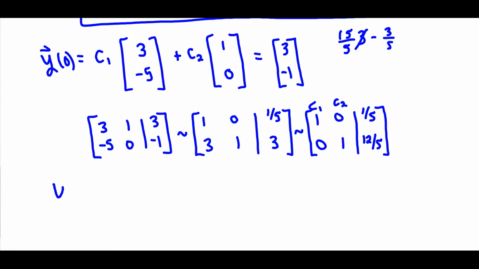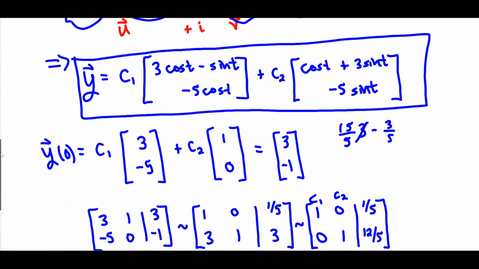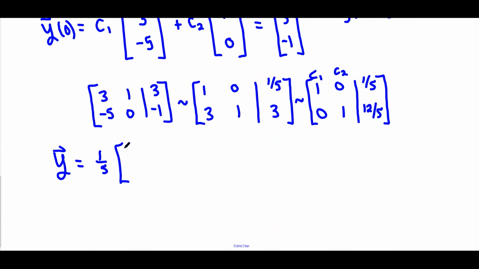So I can write the particular solution 1/5 times 3 cosine t minus sine t over minus 5 cosine t.